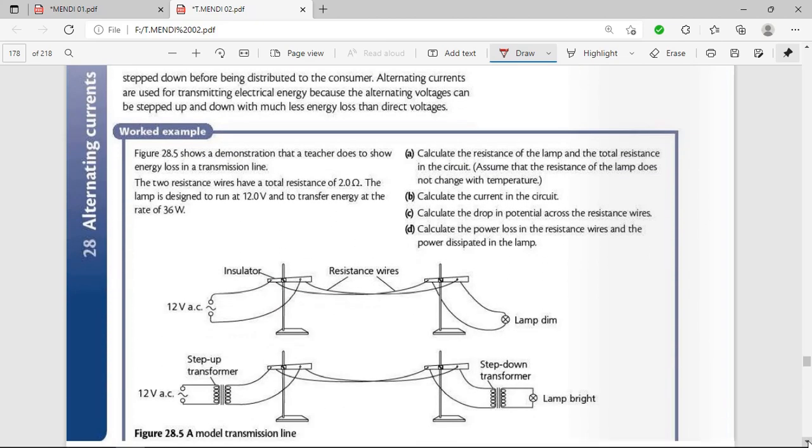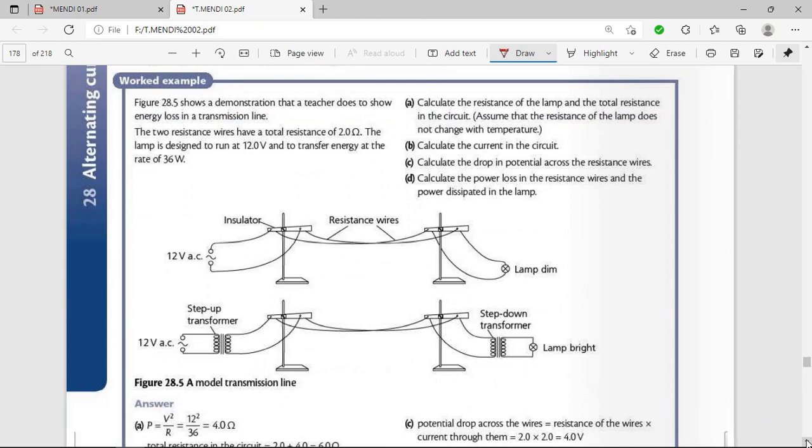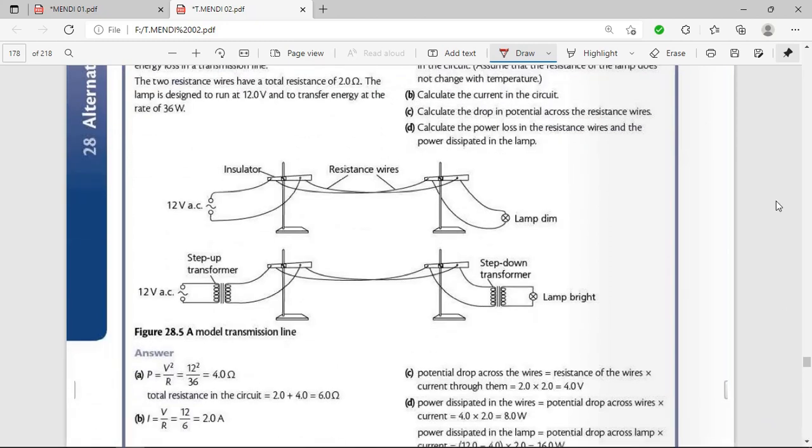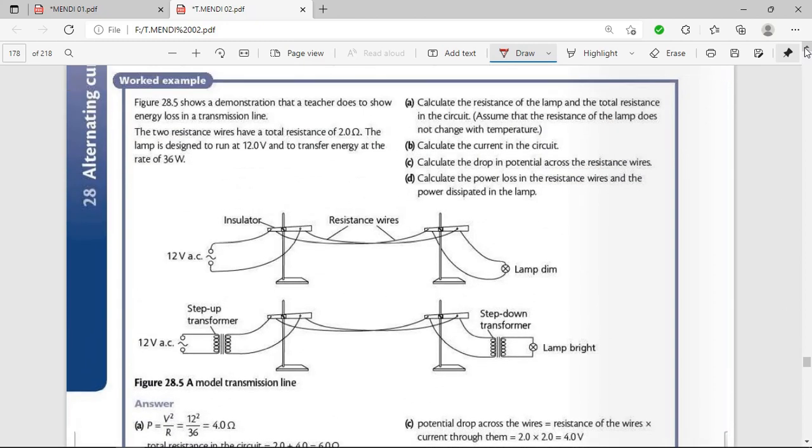Here's an example. It's a model transmission line that we are given here. So in this diagram, they are showing a demonstration that a teacher does to show energy loss in a transmission line. The two resistance wires have a total resistance of 2 ohms.